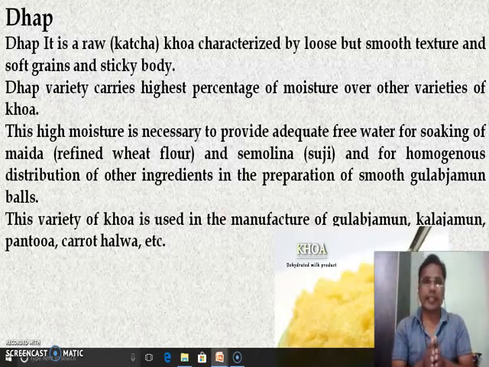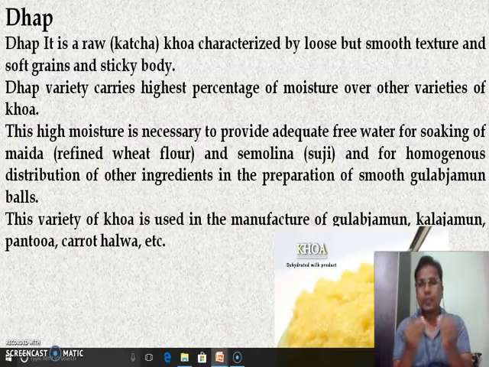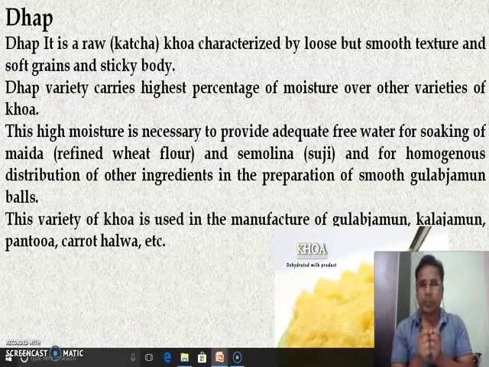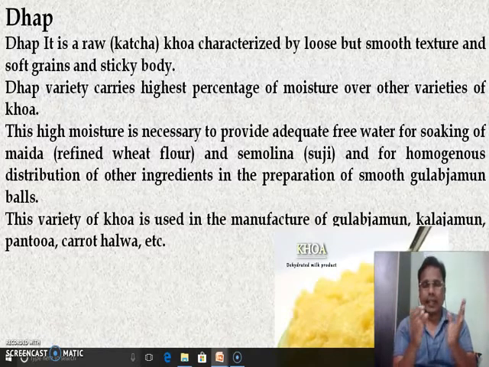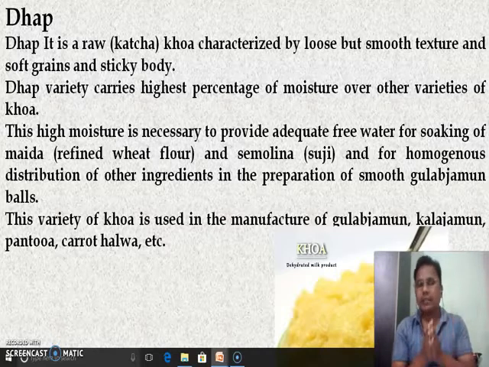It means that it is having more moisture percent, and therefore it shows the smooth texture, soft grains and sticky body. This type of Khoa generally shows the highest percentage of moisture over the other varieties, that is the Pindi and the Danida.